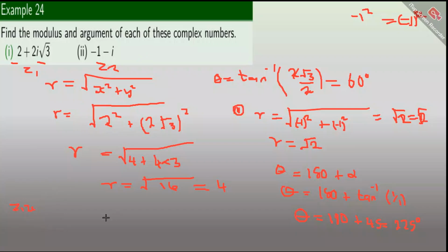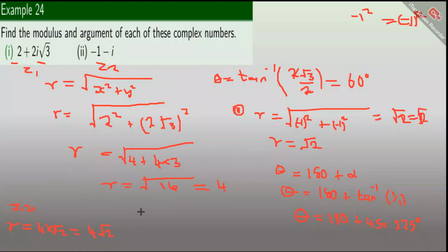When you multiply, the modulus is going to be 4 times the root of 2. You multiply the modulus of each individual complex number. So this is going to give us 4 root 2.